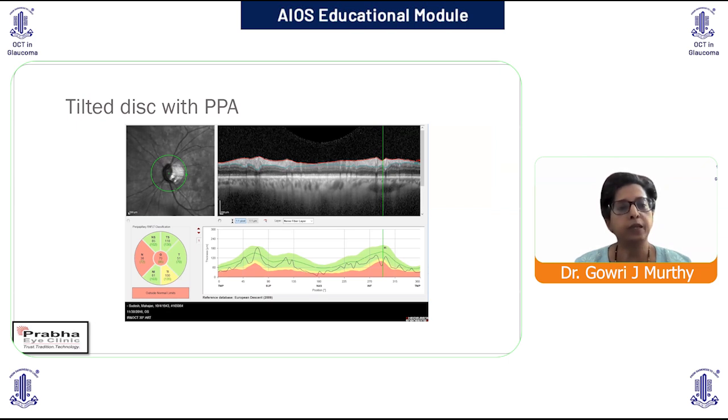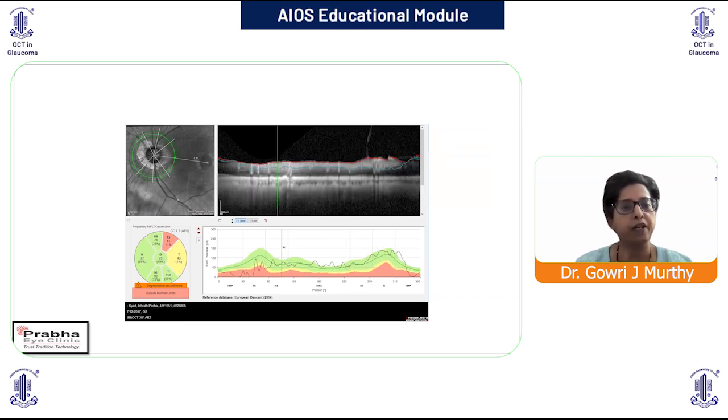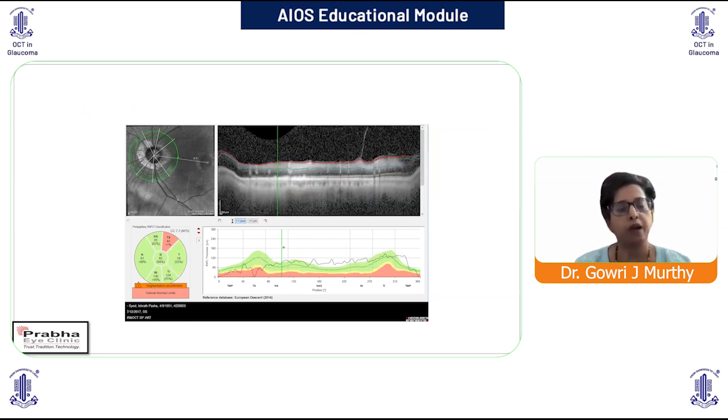Again, tilted discs with peripapillary atrophy can also lead to segmentation errors. If there is a peripapillary atrophy and the RNFL segmentation is inaccurate, sometimes increasing the diameter of the circle can allow you a better image, which can be used for diagnosis and further follow-up, as is illustrated in these three images.